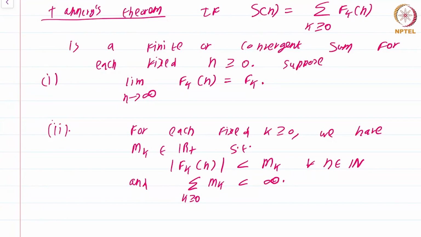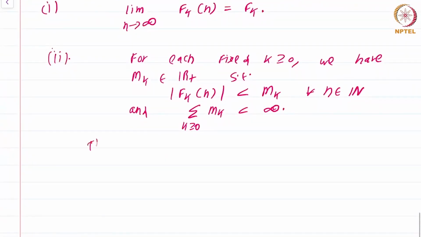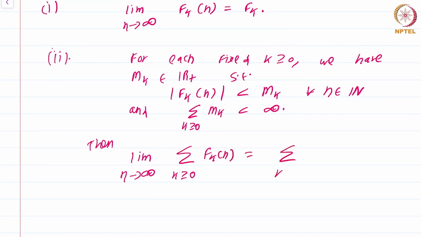Then the conclusion is that the limit as n goes to infinity of the summation over k greater than or equal to 0 of f_k of n is in fact equal to the summation of k running from 0 to infinity of f_k. Essentially, we have taken the limit inside.